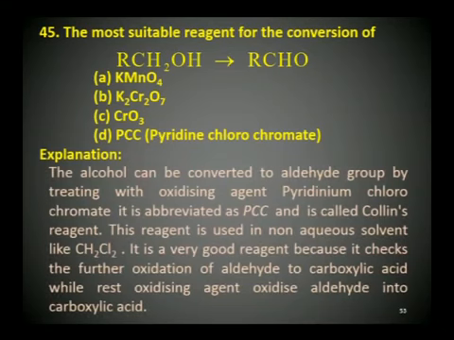As we saw in the beginning itself, pyridinium chlorochromate, PCC, also called Collins reagent, is widely used for conversion of an alcohol into an aldehyde because it is a very good reagent. It checks further oxidation of aldehyde to carboxylic acids. That is, we can restrict the reaction at the formation of aldehydes only. So PCC will be the correct answer. Option D is the correct answer.